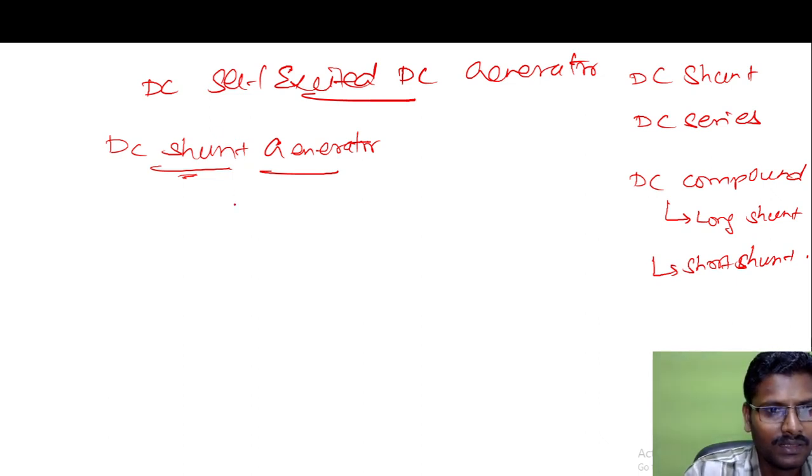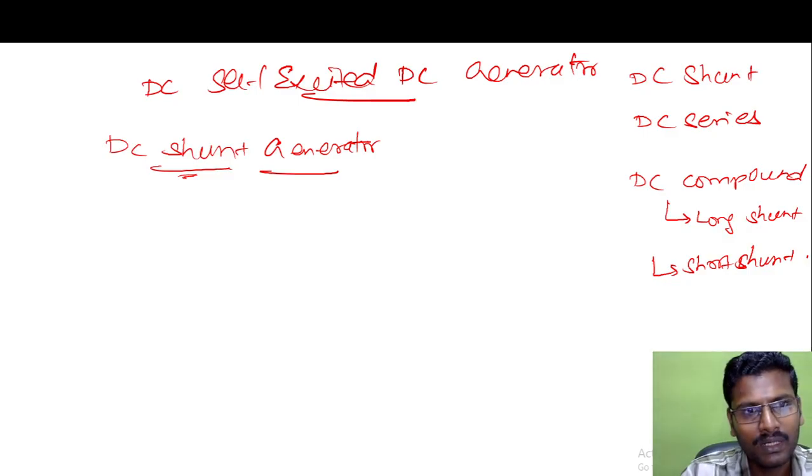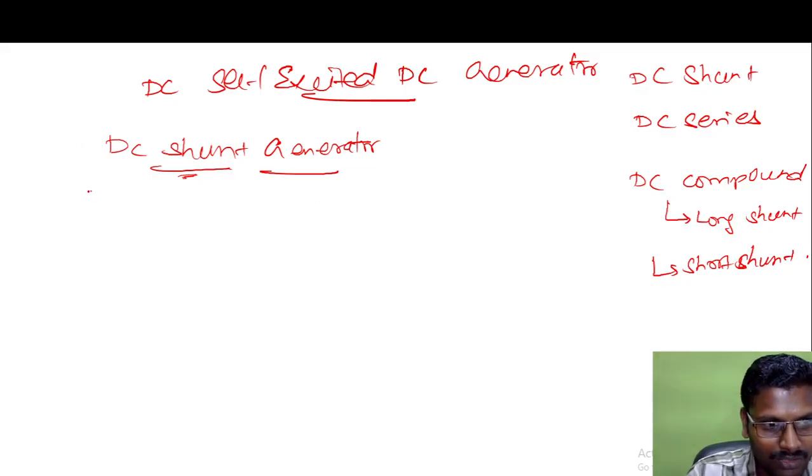As a whole, DC shunt, series and compound will be excited by itself, and that is known as self-excited DC generator, right? So I will draw the circuit for DC shunt generator.